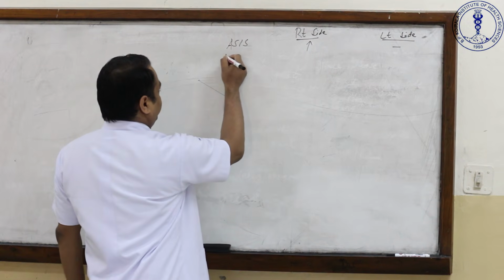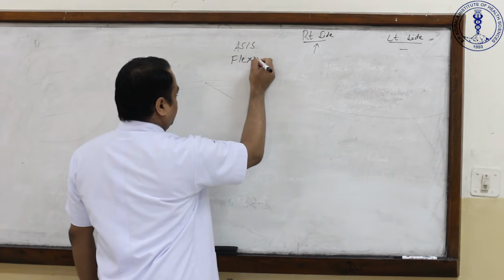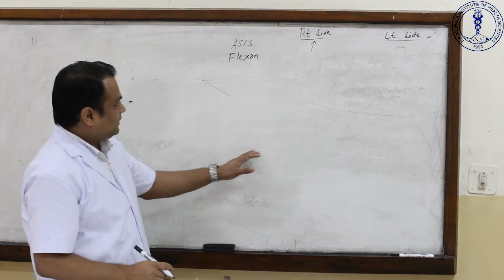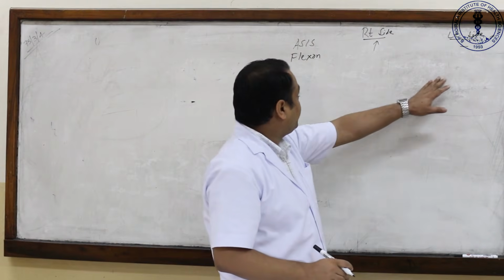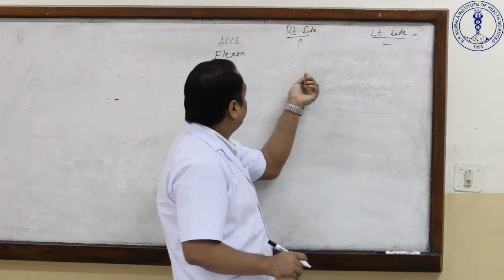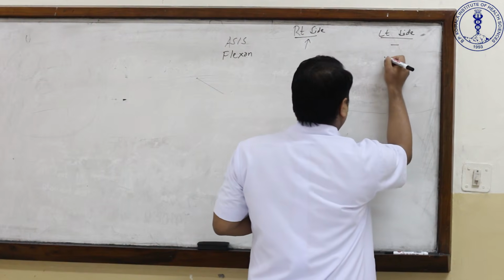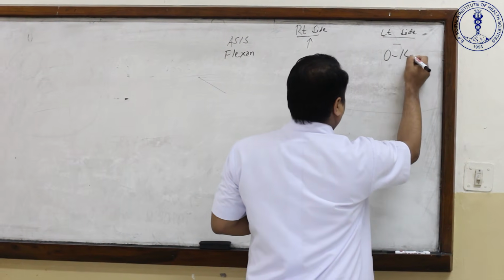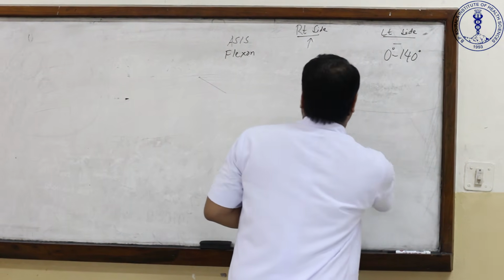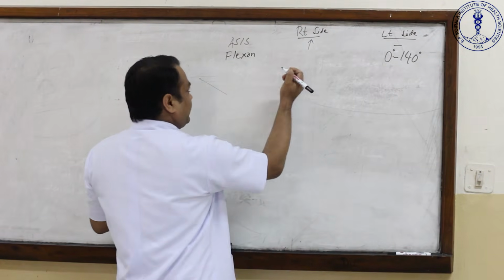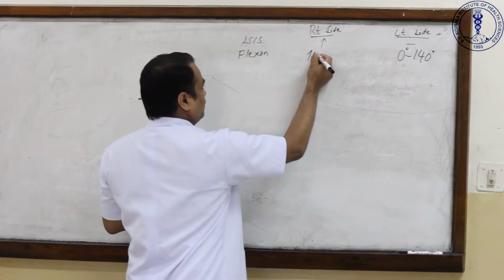After that, we have the flexion. Flexion on the left hip, we are assuming that the right side is the pathological one, and on the left side, of course, flexion is from, let's say, 0 to 140 degrees, which is normal. In the flexion on the right side, let's say it is 10 to 140.